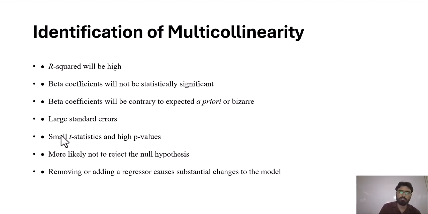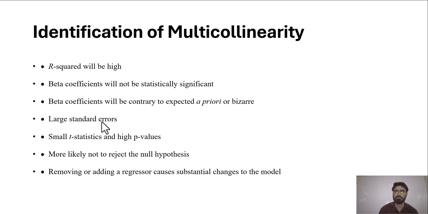The next identification for multicollinearity is large standard error. Large standard error means if there are three variables in your data set and two have very strong causality between them, the standard error of the variable which has no multicollinearity is very low, and the standard error of those variables which have multicollinearity is very high.